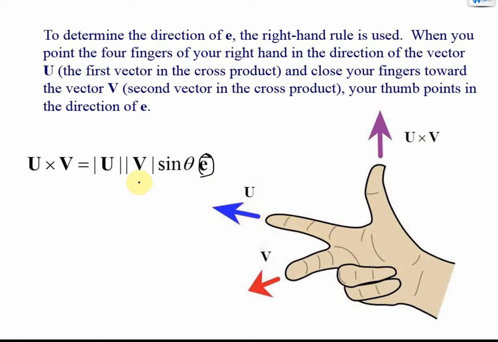If you do the cross product between u and v, your u vector direction is aligned with your index finger, and the direction of the second vector is aligned with your third finger. Then the resultant vector direction is determined by the line aligned with your thumb. Okay, so that's the right hand rule.